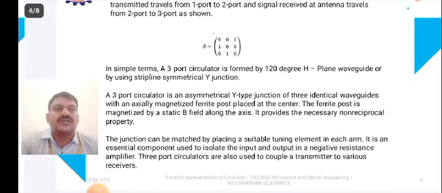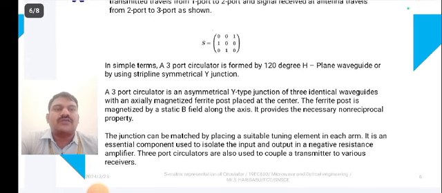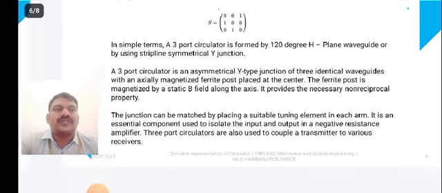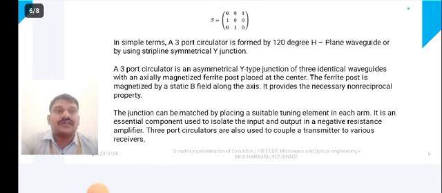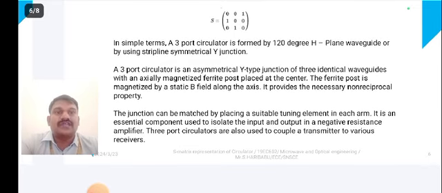In simple terms, a 3-port circulator is formed with a 120-degree H-plane waveguide or by using a strip-line symmetrical Y junction. A 3-port circulator is a symmetrical Y-type junction of 3 identical waveguides with an axially magnetized ferrite post placed at the center. The ferrite post is magnetized by a static magnetic field along the axis.